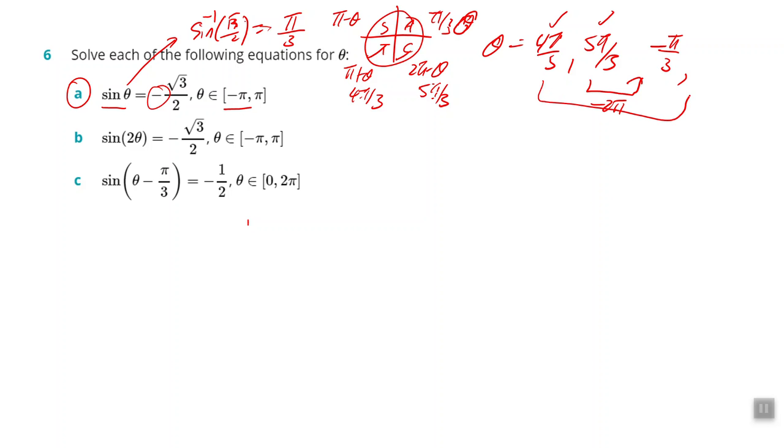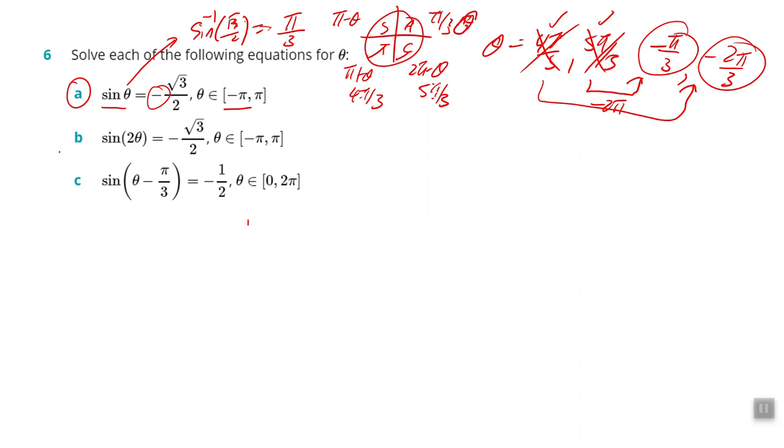If I subtract 2 pi from 4 pi over 3, I get negative 2 pi over 3. Okay, can you see these two solutions are within the domain of negative pi to pi? So that's what we want. Those two solutions will be our answer.